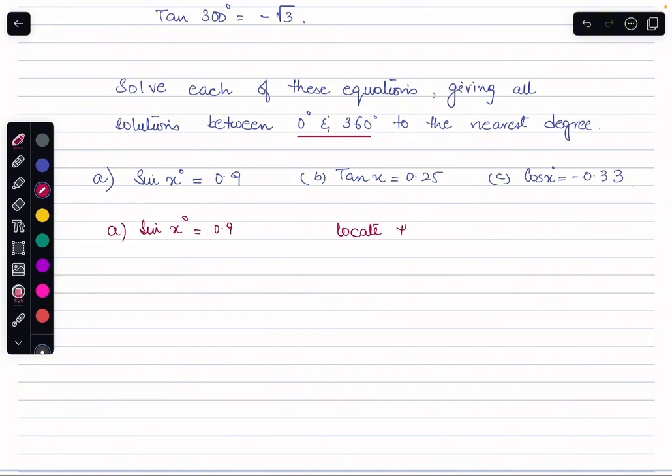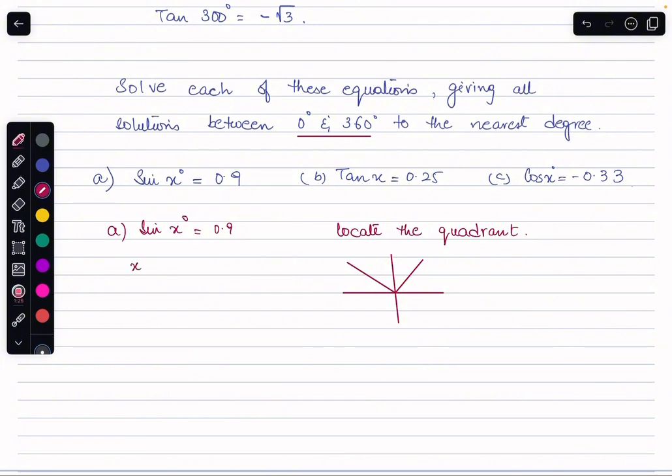This is the first step we have to do while solving for all the 4 rotations. The sine ratio here is positive, so I should have my angle value in the first quadrant and the second quadrant only, because sine is positive in the first as well as the second quadrant.